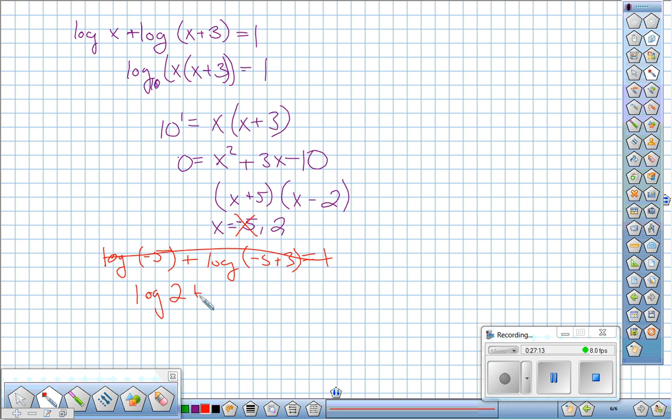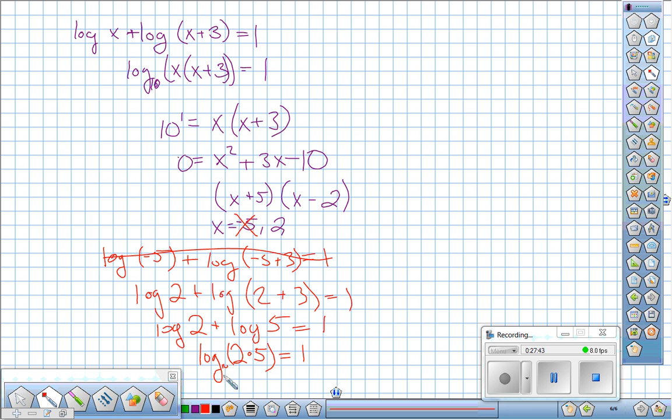I'm going to real fast do log of 2 plus the log of 2 plus 3. Is that equal to 1? So then I'm going to do the log of 2 plus the log of 5. Is that equal to 1? And then I'm going to rewrite it with my product rule, and I will have the log of 2 times 5.